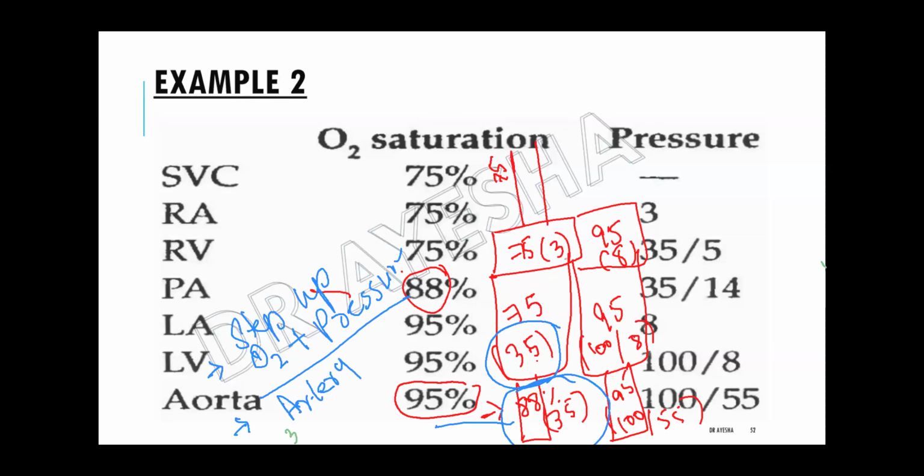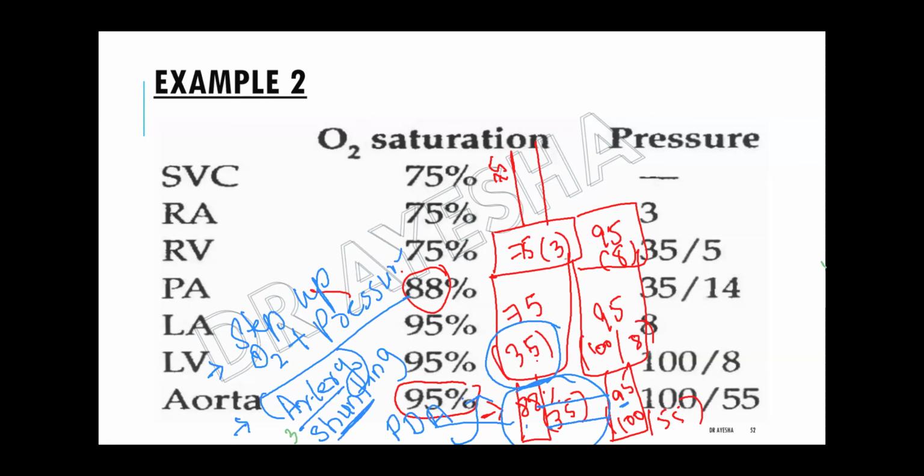Very good. Artery level means that if it is a step up, I'm assuming shunting. Some blood is coming from the arterial level, from the aorta to the artery. So what do you think this is? PDA. Very good. This is PDA because you are dealing with acyanotic heart disease.